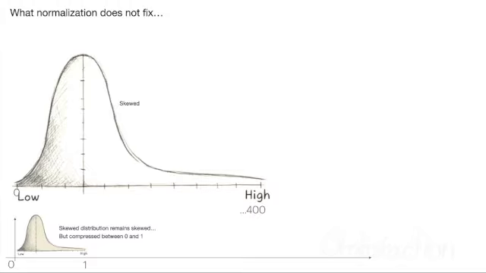So far, we've seen what normalization preserves and what it doesn't fix. Now comes the key question. Why is normalization essential for distance-based algorithms such as KNN, K-means, linear regression, and neural networks? Let's dive in. When a distance-based algorithm compares 2 data points, it asks a simple question. How far apart are they?